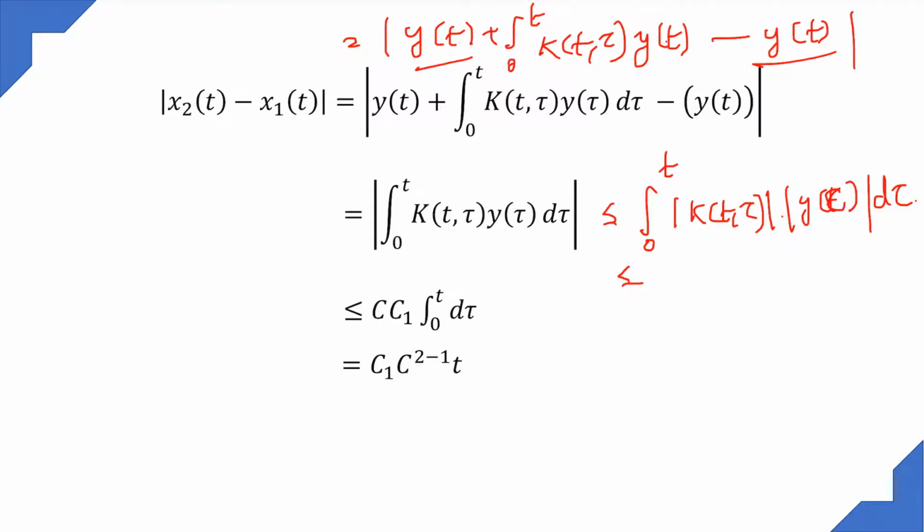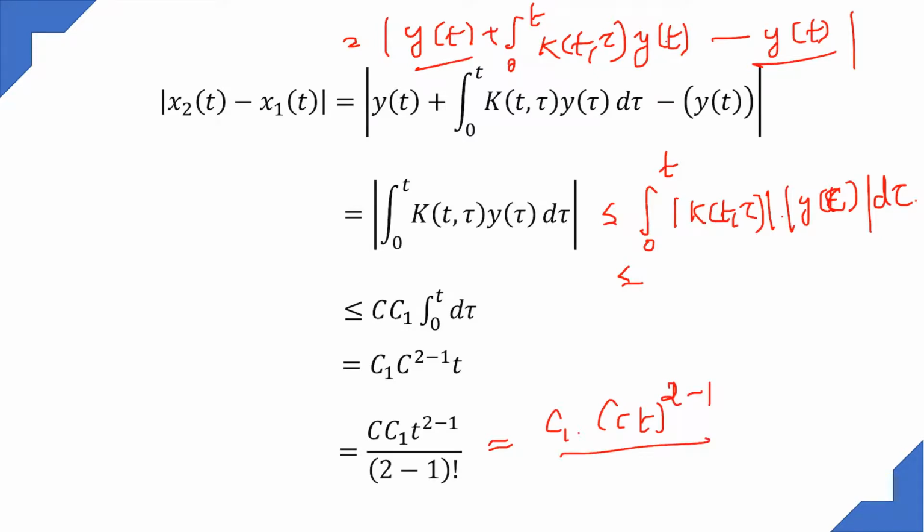So we have c1 c t. I can write this as c1 times (ct) to the power 1, or (ct) to the power 2 minus 1 divided by 2 minus 1 factorial.